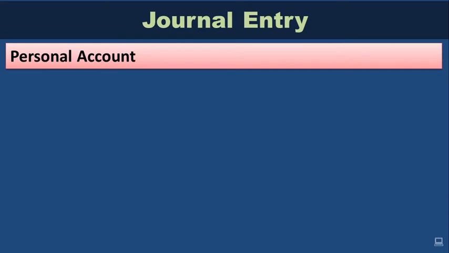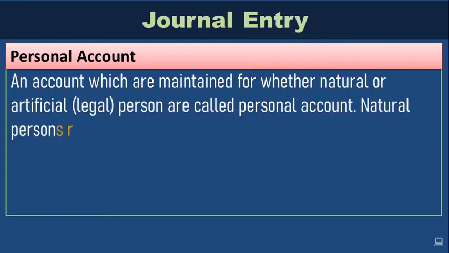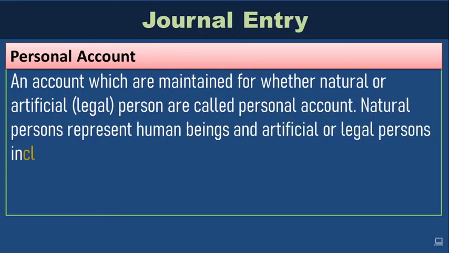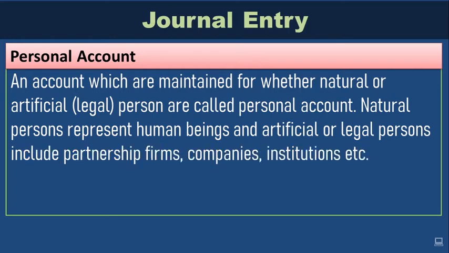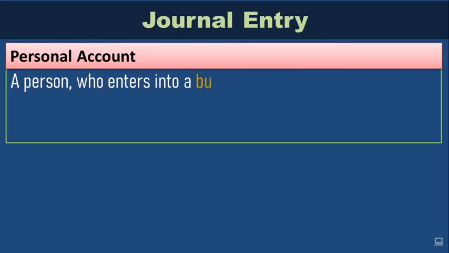Personal account. Let's see all the accounts one by one. An account which is maintained for a natural or artificial, meaning legal, person is called a personal account. Natural person represents human beings, and artificial or legal persons include different types of firms like partnership firms, companies, institutions, etc. Ram's account and XYZ company's account are examples of such personal accounts.